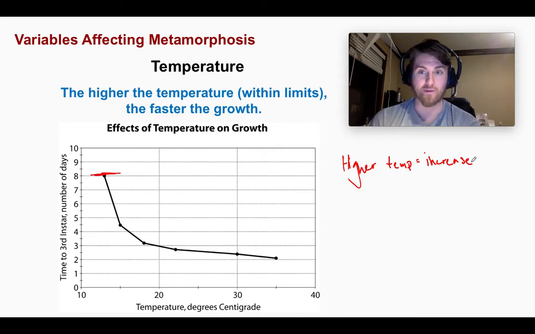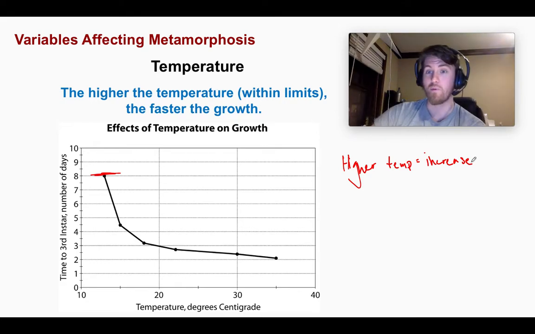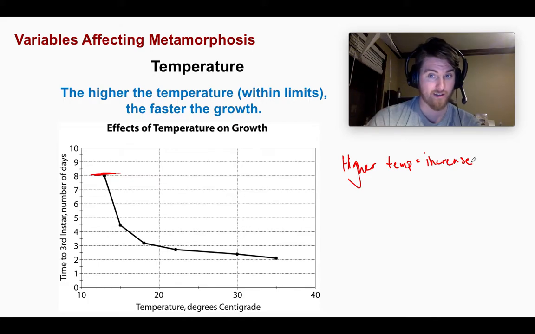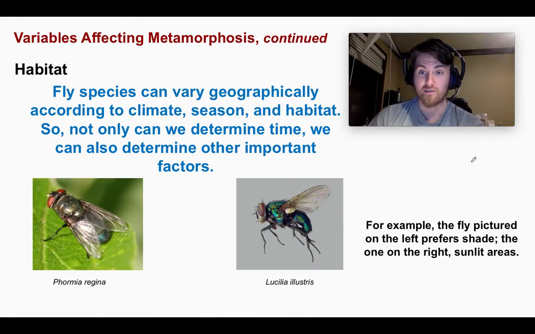So again, a really gruesome fact, but murders are actually unsolved more commonly in warm climates than in cold climates, specifically for this reason: the decay rate and the rate at which that body is processed is increased in warmer climates. So that's one thing. The species is one, the temperature is another. Something else you can talk about is the habitat, and you say, what exactly about that habitat is going to change?